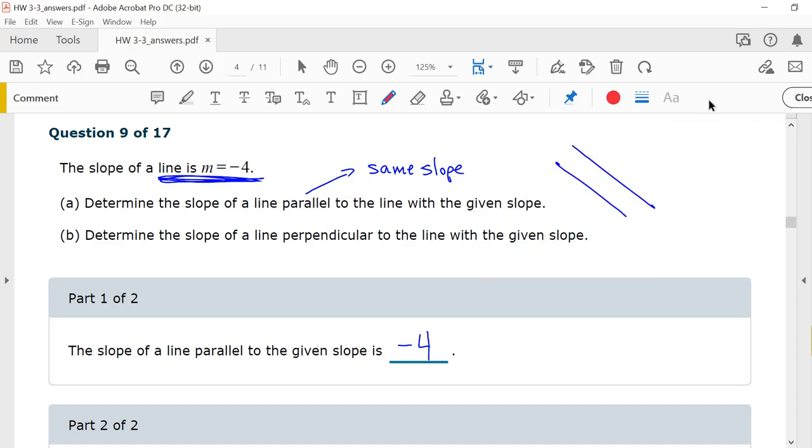Now, perpendicular lines. Perpendicular lines intersect at a 90-degree angle. That's what perpendicular means.